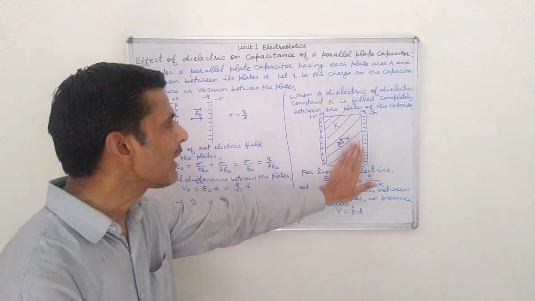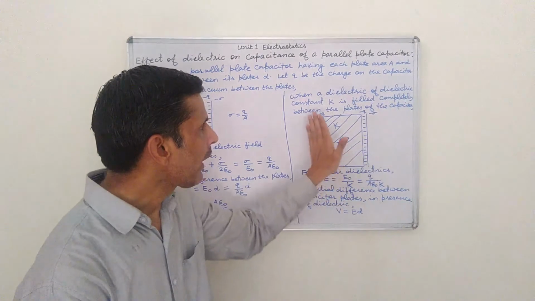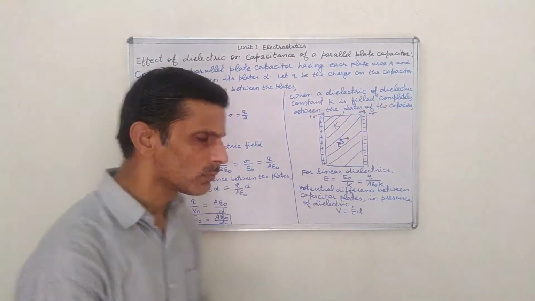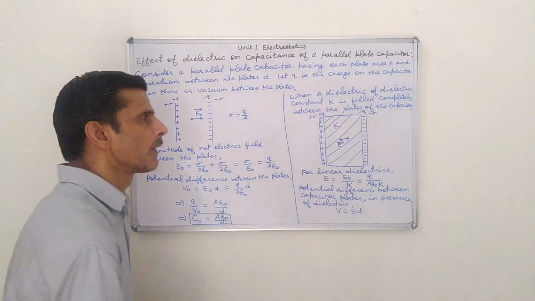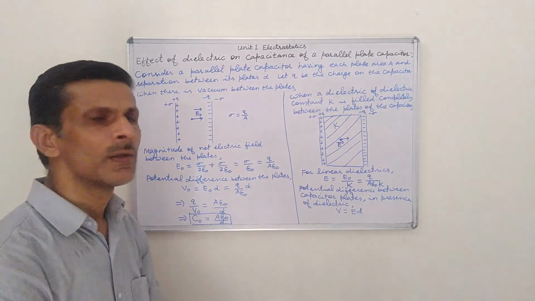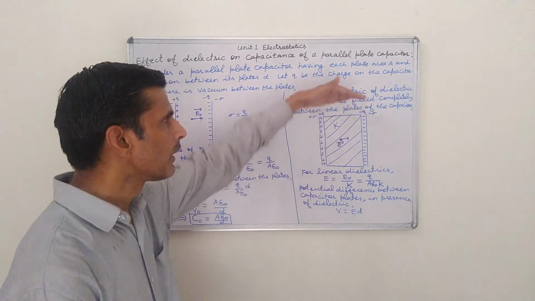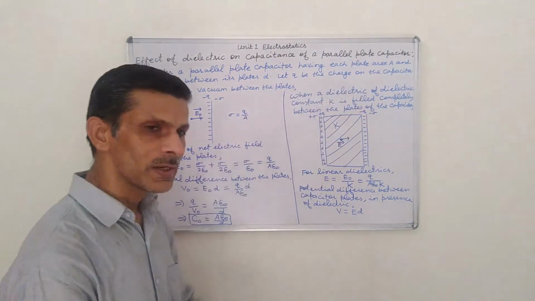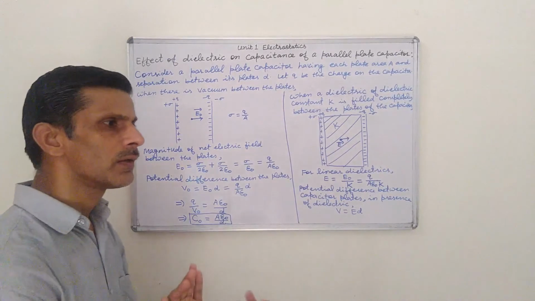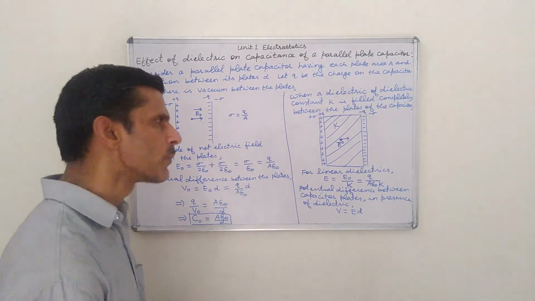Since in presence of dielectric, net field between capacitor plates at each point it is E. This electric field is uniform. We have already neglected fringing effect of electric field, that is, we have considered plates large and distance between the plates small.